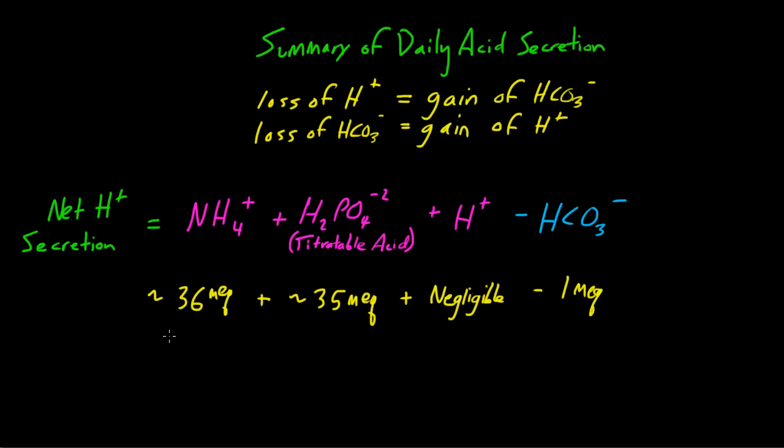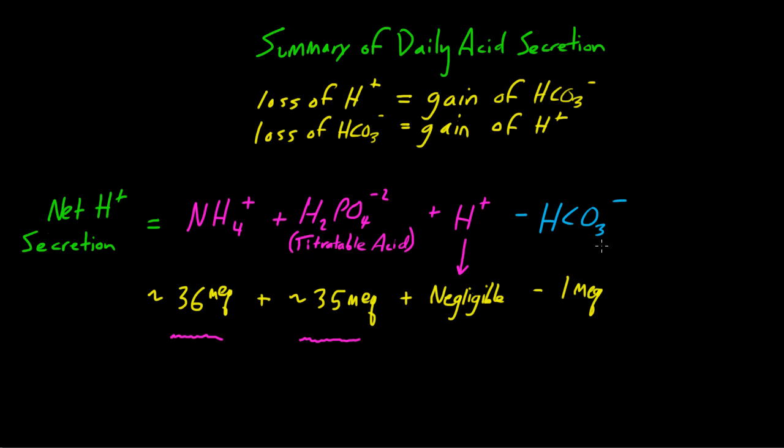The amount of ammonium that's excreted is about 36 milliequivalents. The amount of titratable acid, the non-ammonia buffers, is about 35. The amount of dissolved hydrogen ion is actually pretty negligible. Remember, I said earlier at a pH of 4.5, that's only 0.032 milliequivalents. So yes, there's some, but it's not really a lot compared to the 70 milliequivalents per day that you have to deal with.